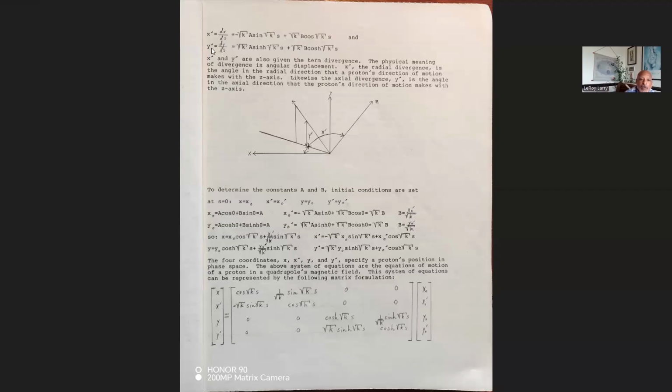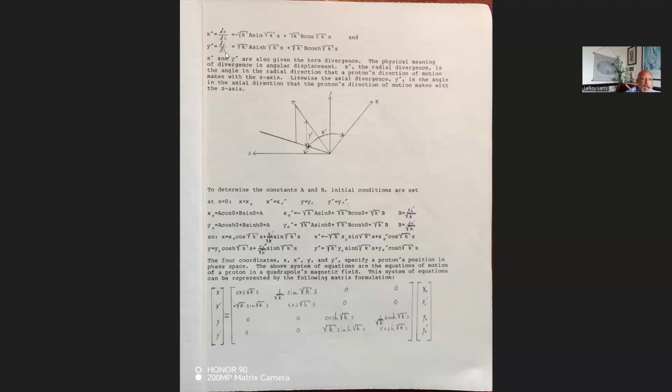And likewise, the change in its vertical position in phase space with respect to its distance along that central trajectory, S, ds. So you got ds, dy with respect to dx.